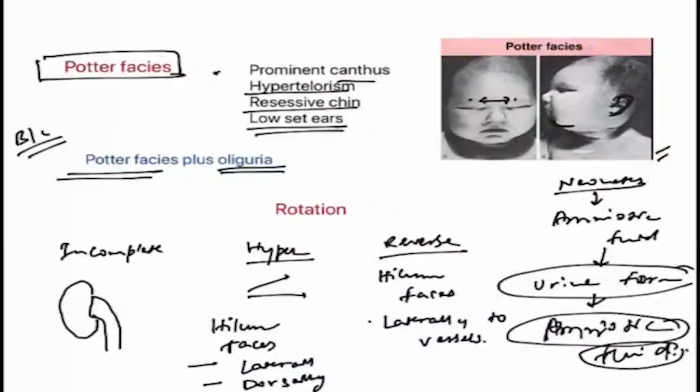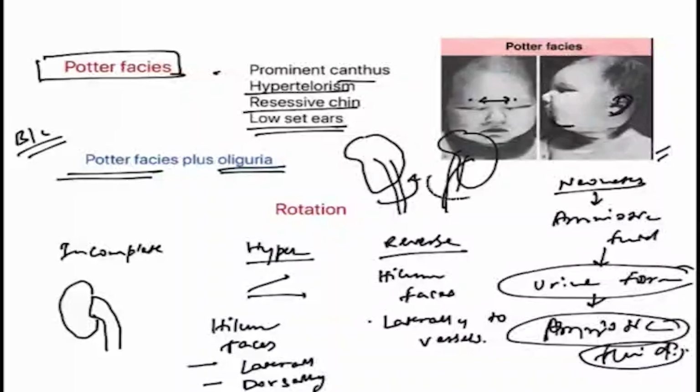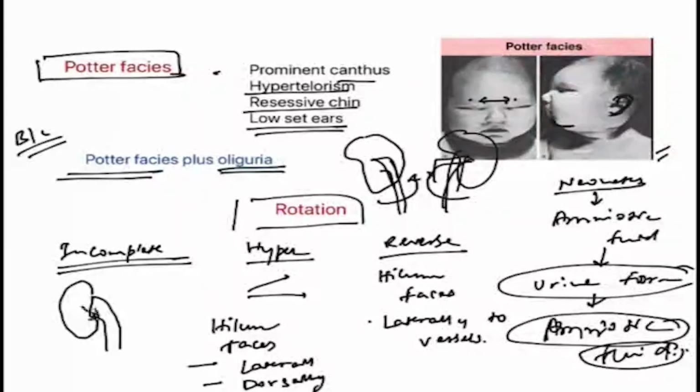Now coming to the rotation deformity, these are incomplete rotation, hyperrotation and reverse rotation. So the fetal kidney faces its hilum and pelvis anteriorly. So if these are the fetal kidneys, hilum and pelvis are anterior and these undergo medial rotation and come medially.